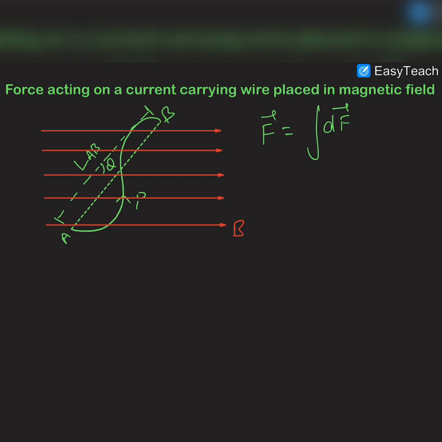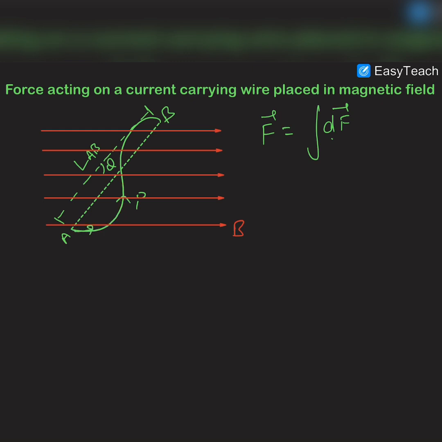We also know that dF is a vector quantity because force is a vector quantity, so integration of dF vector represents the vector addition of the small forces acting on each small length of the wire.